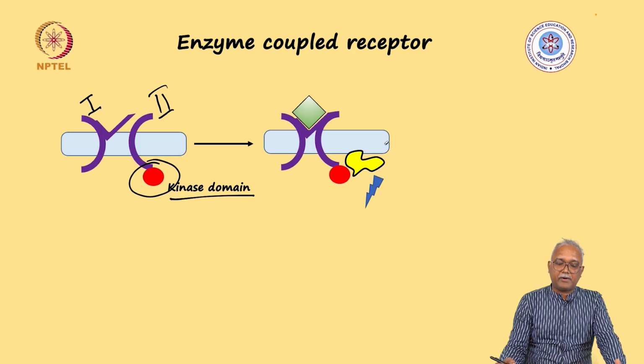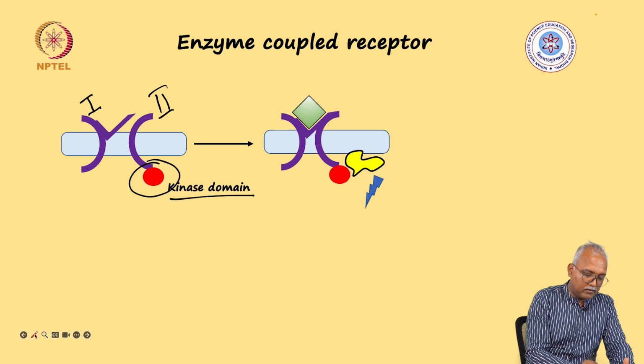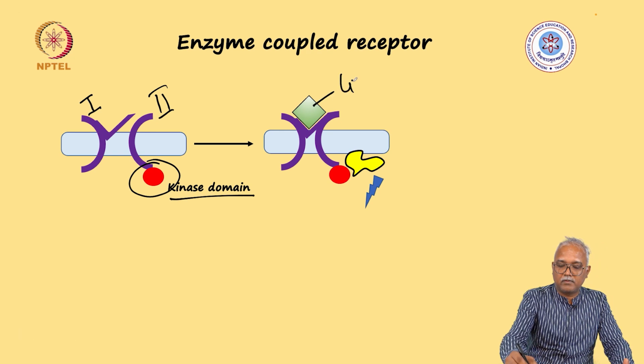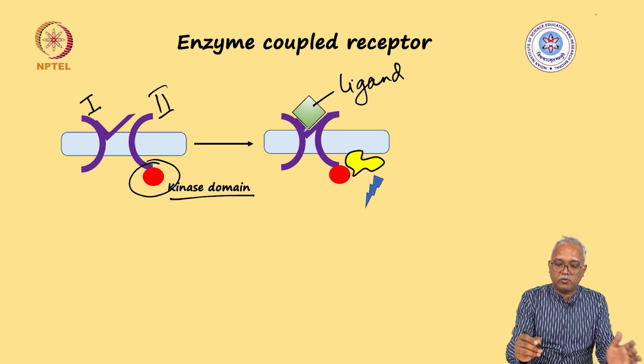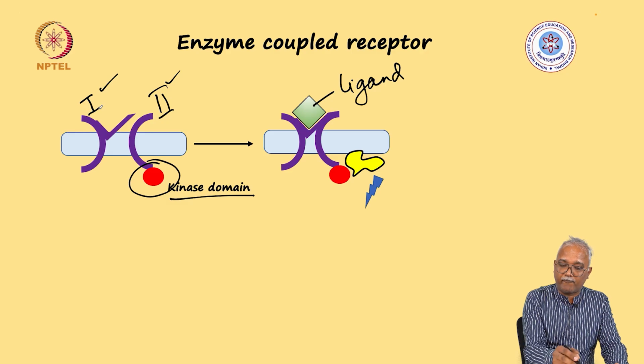So what will eventually happen in these cases? The ligand will bring the receptor there. So in this case, the ligand, when it binds, brings the 2 types of receptor together. Remember, the 2 types could be same or different. When they are same, it is a homodimeric situation.